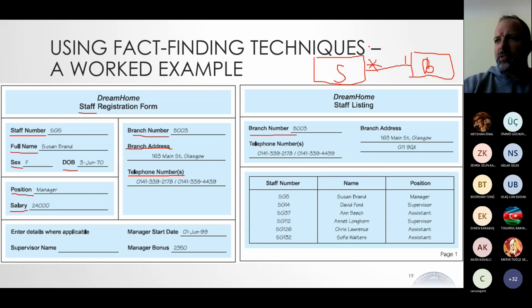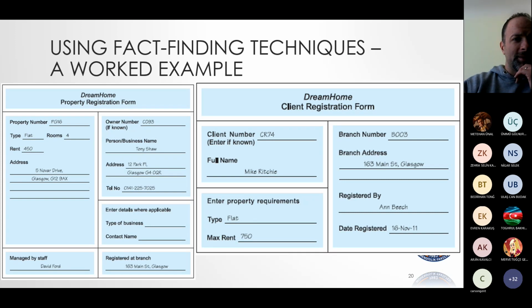Hopefully this notation isn't new to you. Hopefully you remember this notation from our discussions on UML back in 102. Again, we'll have a branch entity, a branch class that has a telephone number, or numbers, that has an address, and has a list of staff people. All right, so here are some other examples.